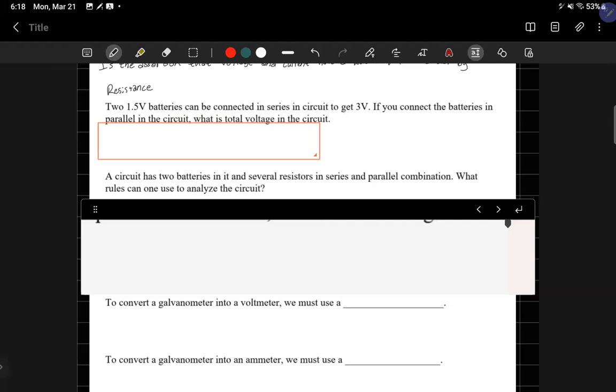Anybody have any guesses? Isn't it 3 volts at the junction? I want to say yes.